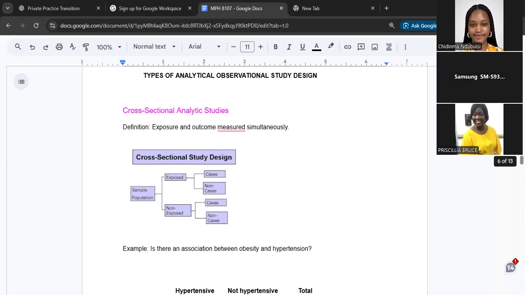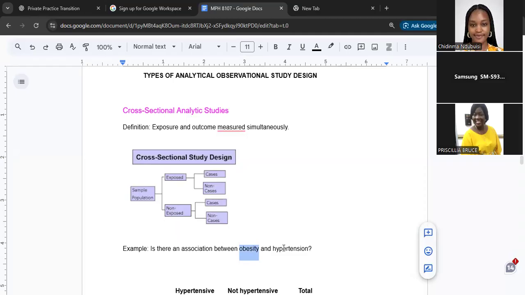Now, when we finish collecting this data, we will go and start checking. We'll first of all split them into two. So those who said yes to obesity. Now let me explain. In this study that we are talking about, obesity is the exposure, so that if you are seeing exposed and non-exposed, you will understand what is happening.